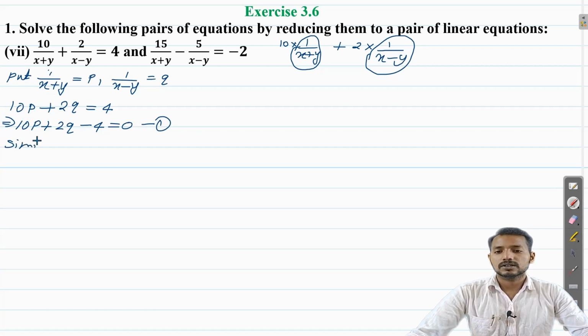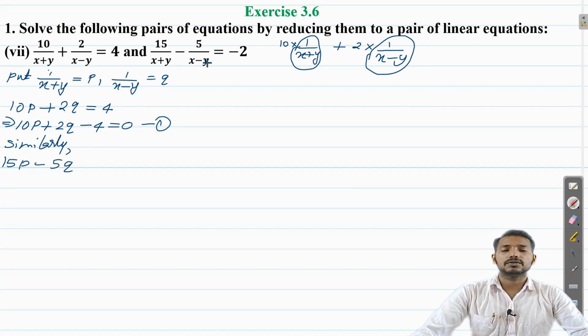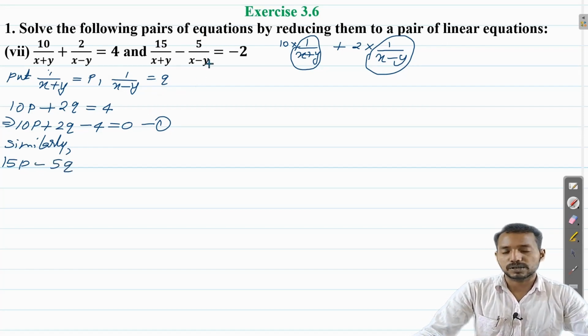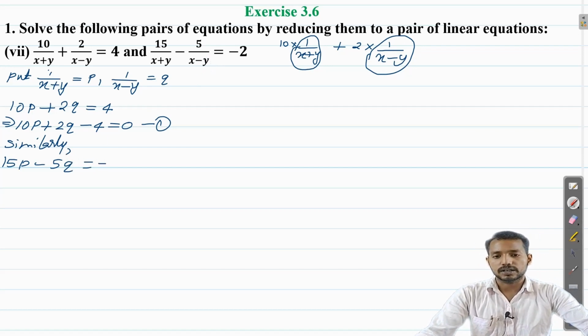Similarly, here 15 into 1 by x plus y, that is 15 divided by x plus y, will become 15p, minus 5q. 5 divided by x minus y, that is 5 into 1 by x minus y, is equal to 5q, which is equal to minus 2.